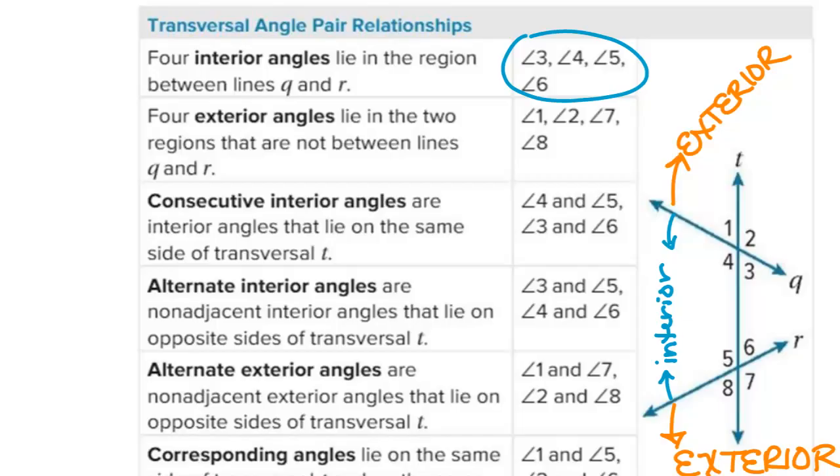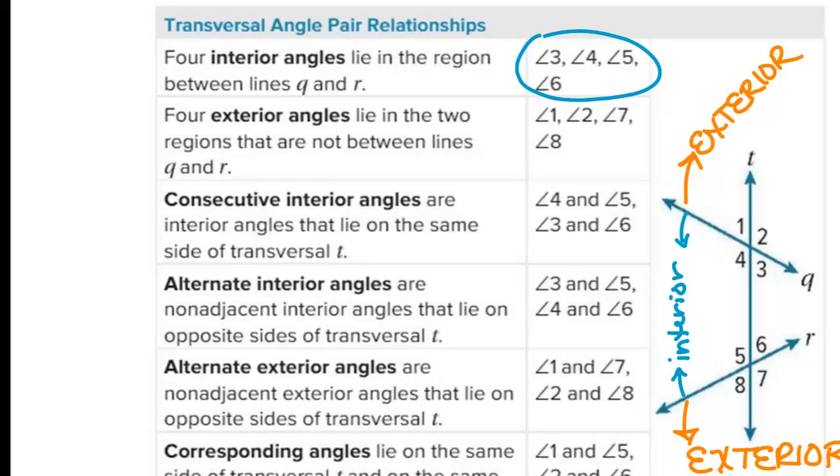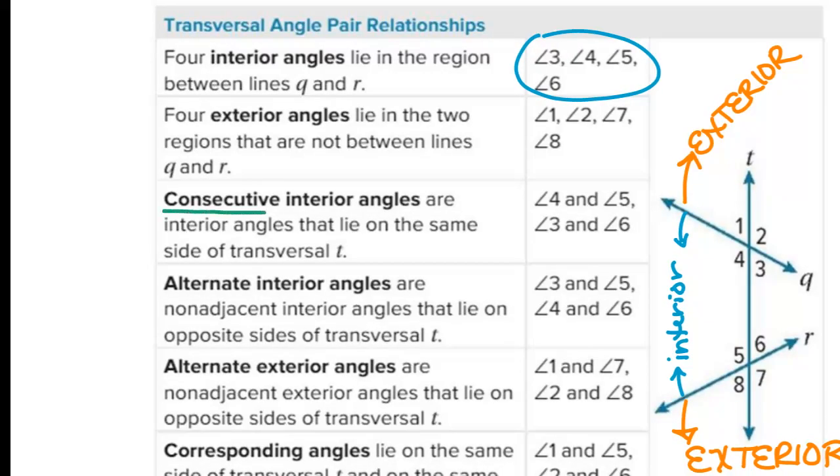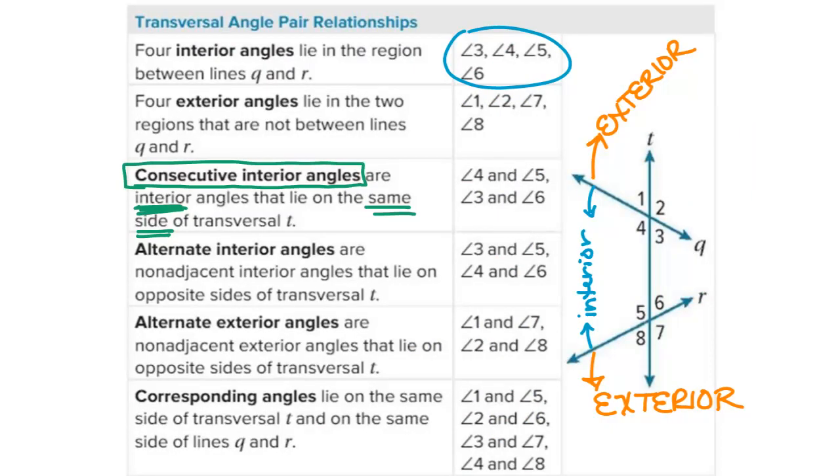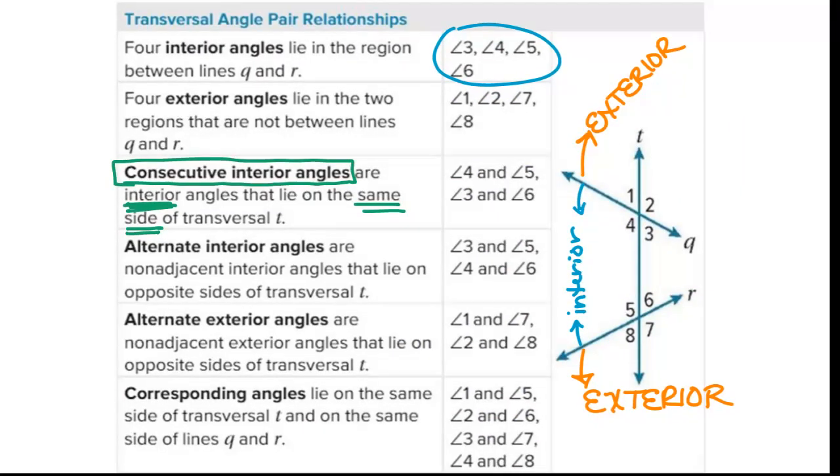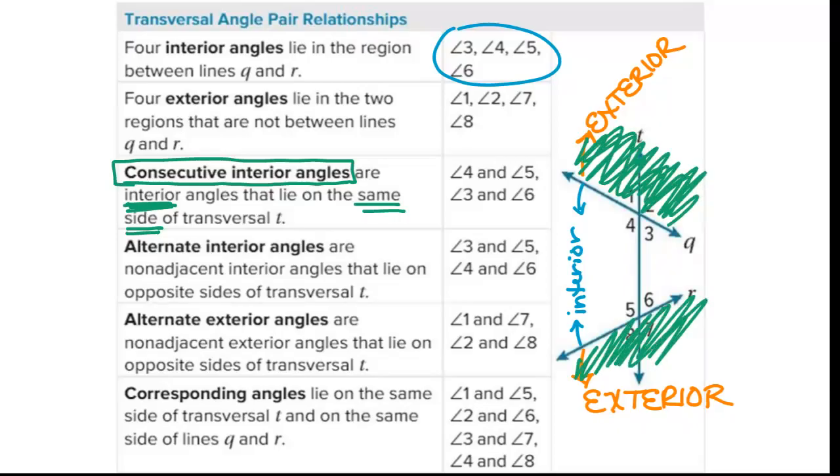Consecutive interior angles are angles that are on the same side of the transversal, and they are interior. So if I'm looking at just the interior angles, I wouldn't be looking out here, and I wouldn't be looking out here because those are exteriors.